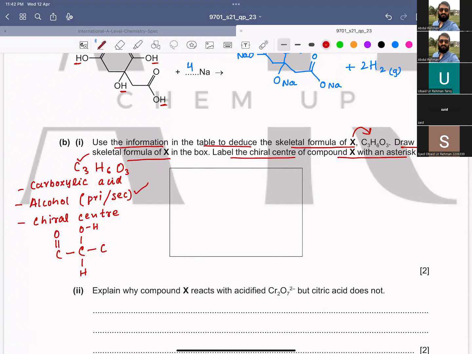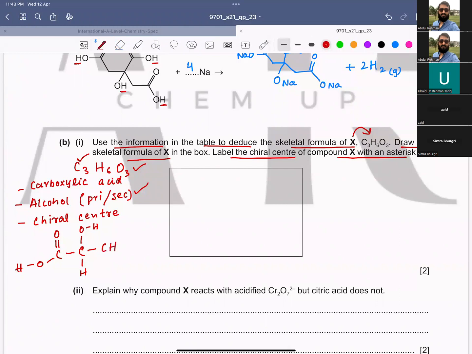So if I consider this one a carboxylic acid, three hydrogens are shown, right? Now, three oxygens are completed, three hydrogens are shown, three hydrogens are left.